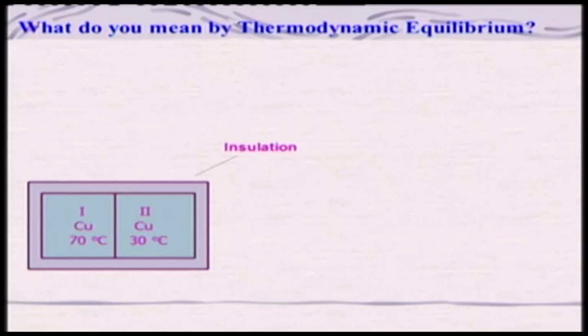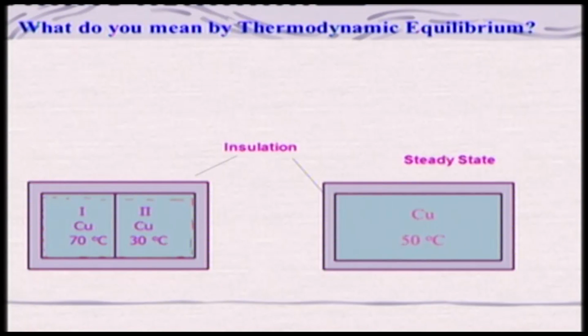Then there will be some heat transfer, and this becomes our system. I allow a longer period of time. Heat will transfer from the higher temperature to the lower temperature, because that is the way heat transfers along a gradient.